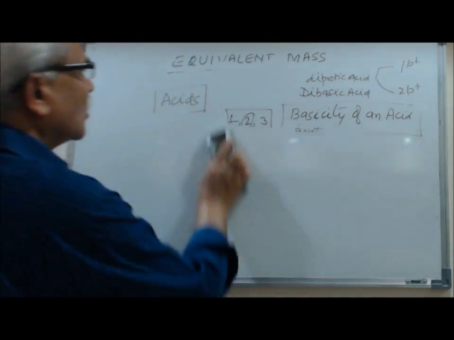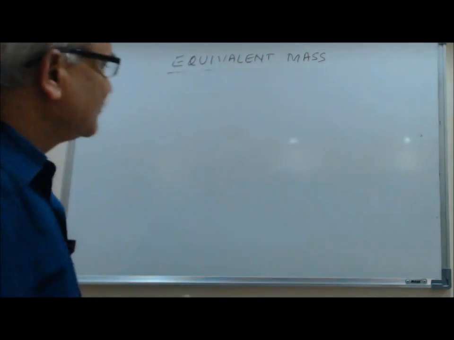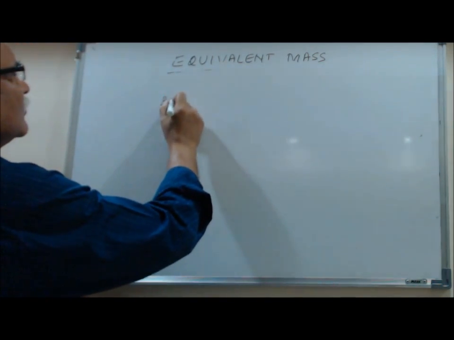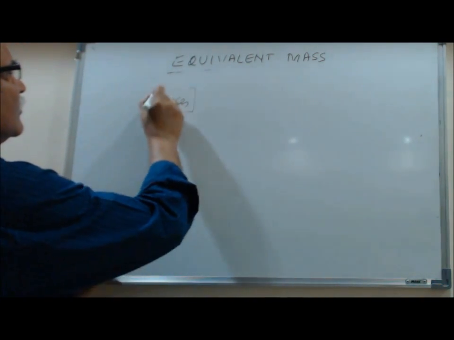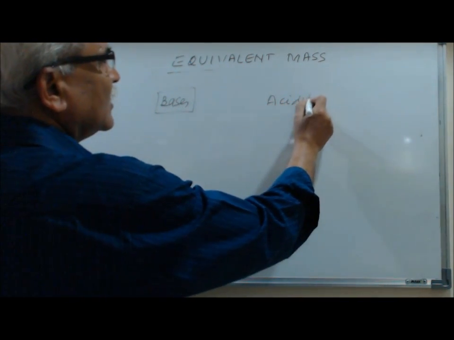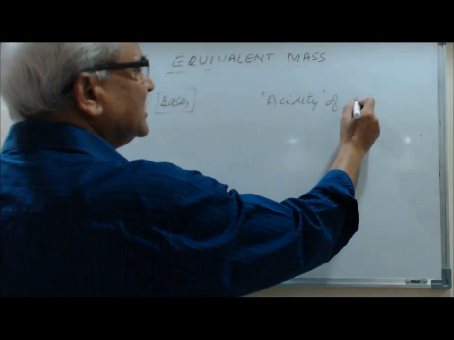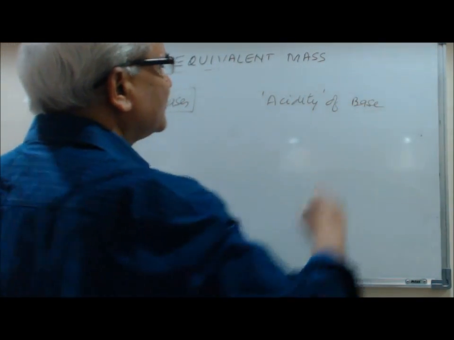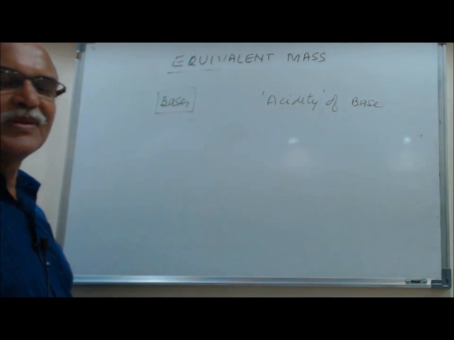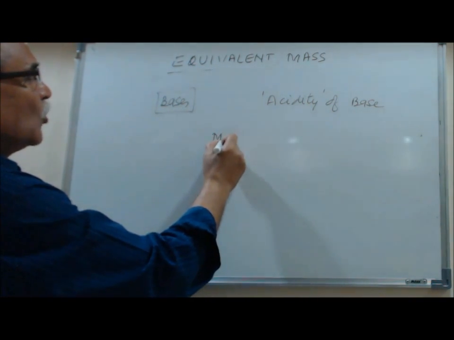Exactly similarly we talk about equivalent masses of bases. For bases we have a term called acidity. So when we use the word acidity, it is always associated with a base. Accordingly, the bases can be monoacidic.